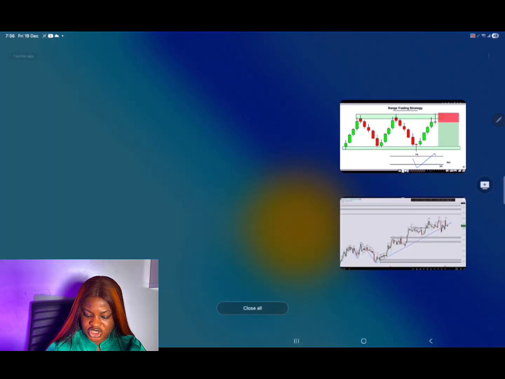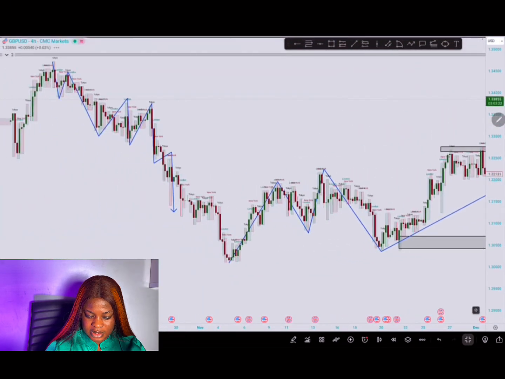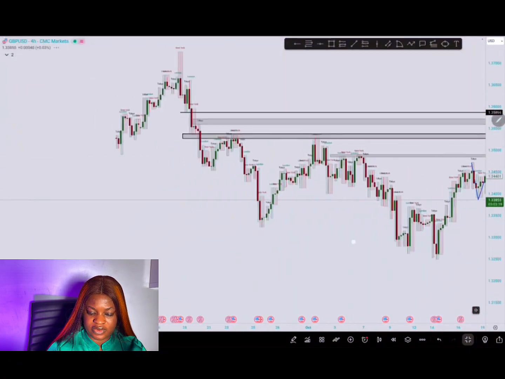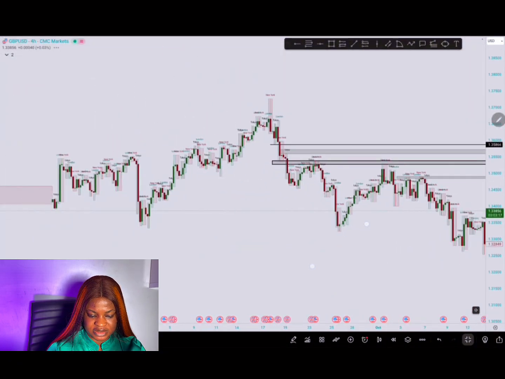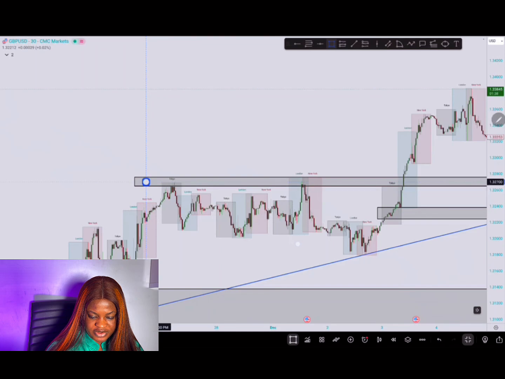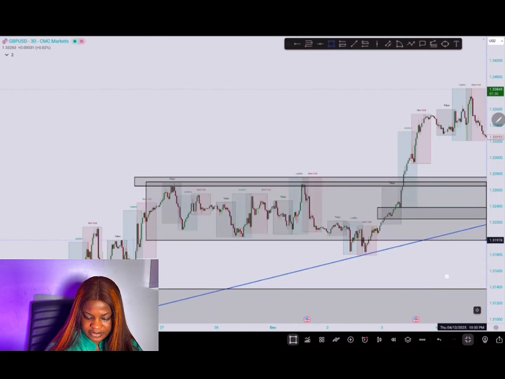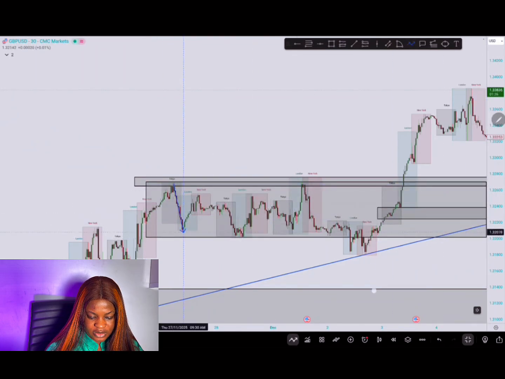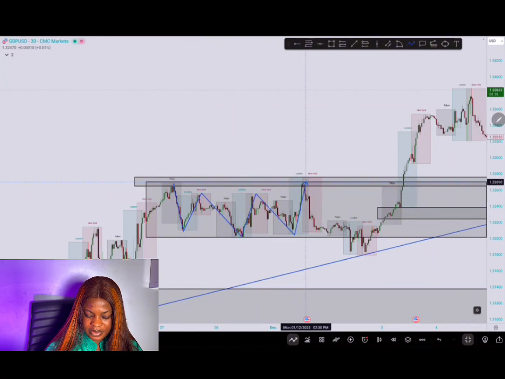So let's go back to the chart so I can show you on the chart a perfect example of a range market. Let's see. This is a perfect example of a range market on the 15-minute time frame. From here, market got here, it went up, it came down, it went up, it came down, it went up.